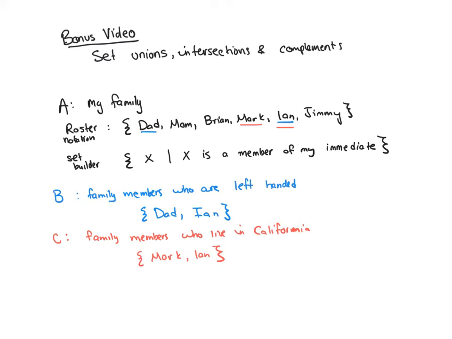So let's go ahead and do that. I'm going to think of my set as my family, because that was the big set that everything came from. So I'm going to picture this as the universal set.